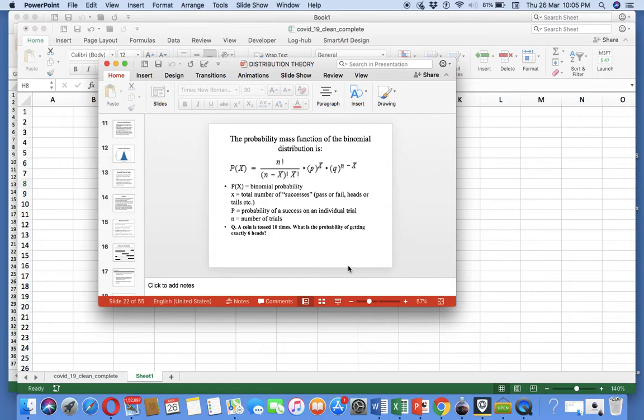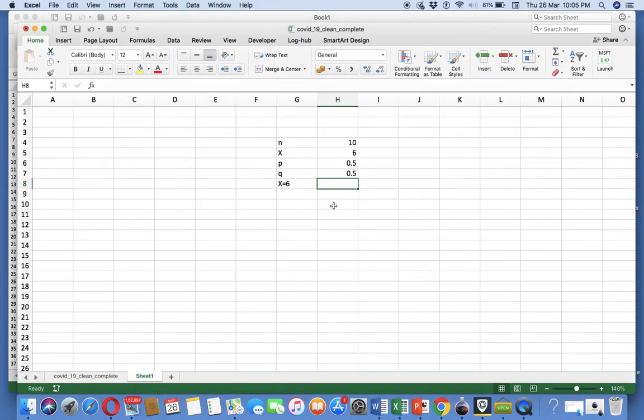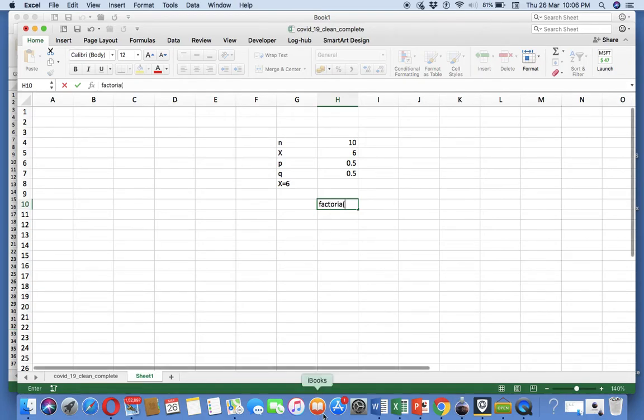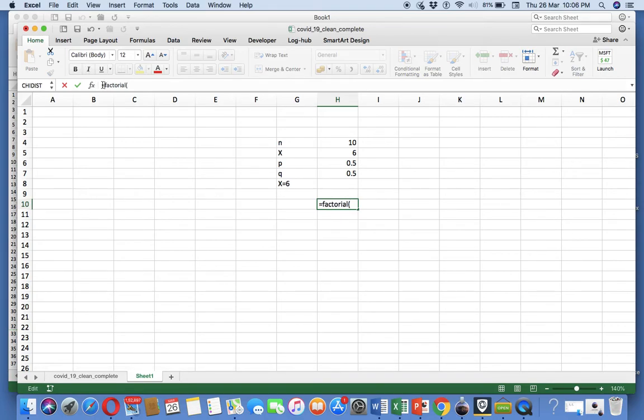In Excel we can do it very easily with the FACT function.